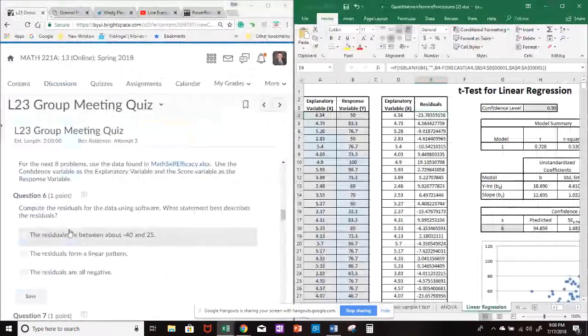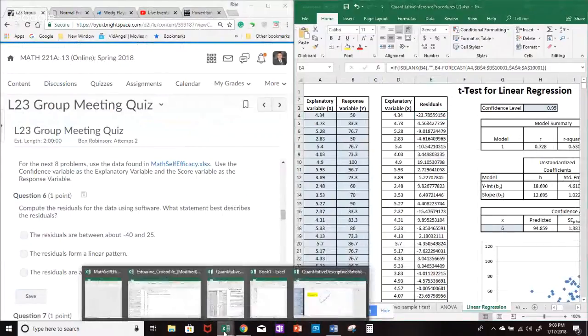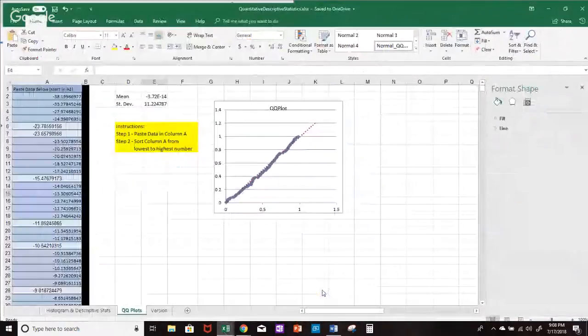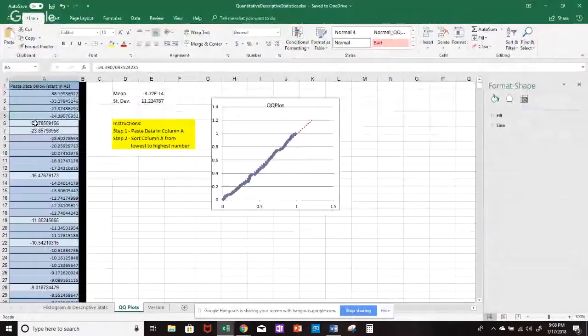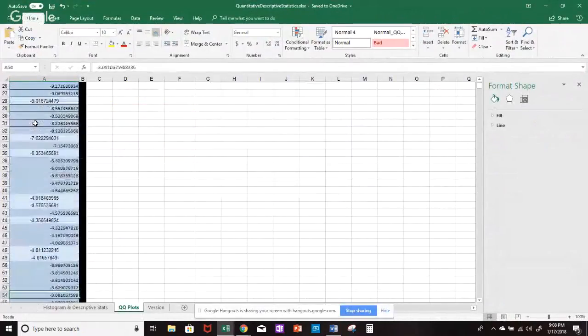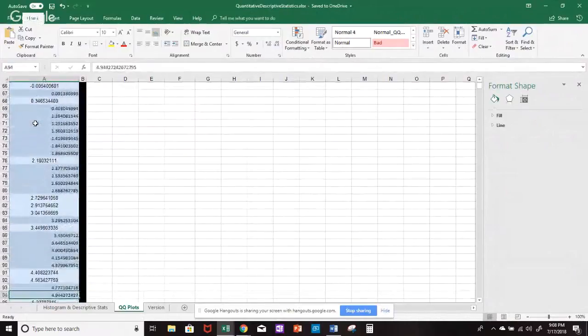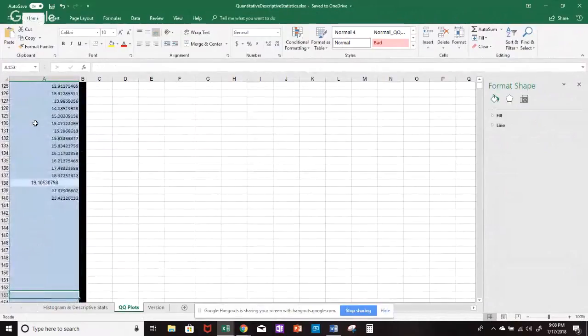That helps us on the other one, but what it also tells us is when we look at the data, starting at the top, minus 38 is the smallest one, and the largest one was 23.